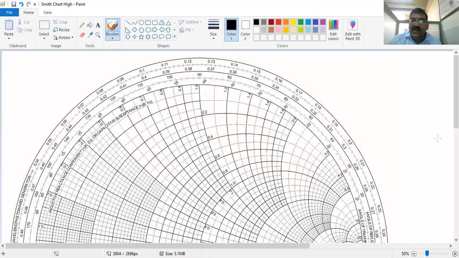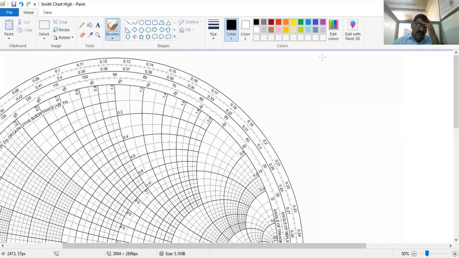I'll go for a similar type of problem, and a similar type of problem I'll give in the tutorial. One is the impedance plotting. Second is the conversion of impedance into admittance. So I'll take one other example.